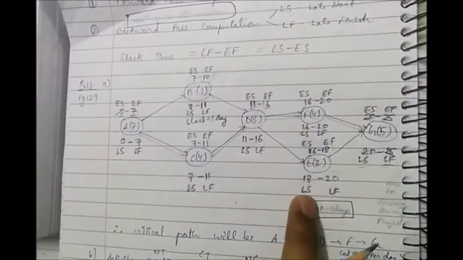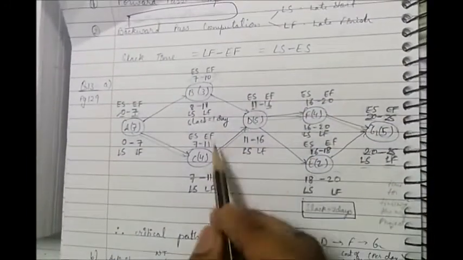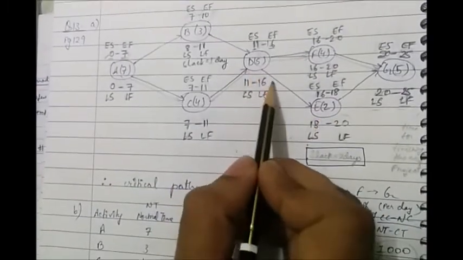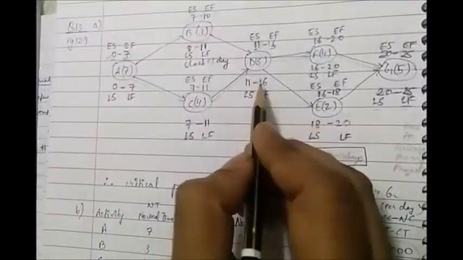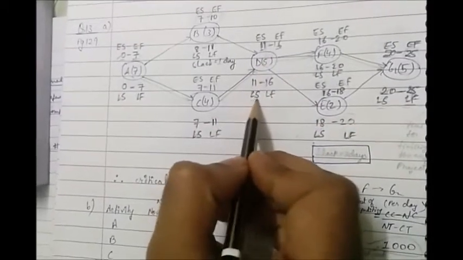We have to definitely wait till F reaches the 16th point to carry on, which means that on generalizing, as far as the backward pass computation is concerned, we have to pick up the minimum of the alternatives, right? So D late finish would be 16 and not 18. So we'll take 16 here and again we'll subtract 5 from here. So late start for D would be 11.